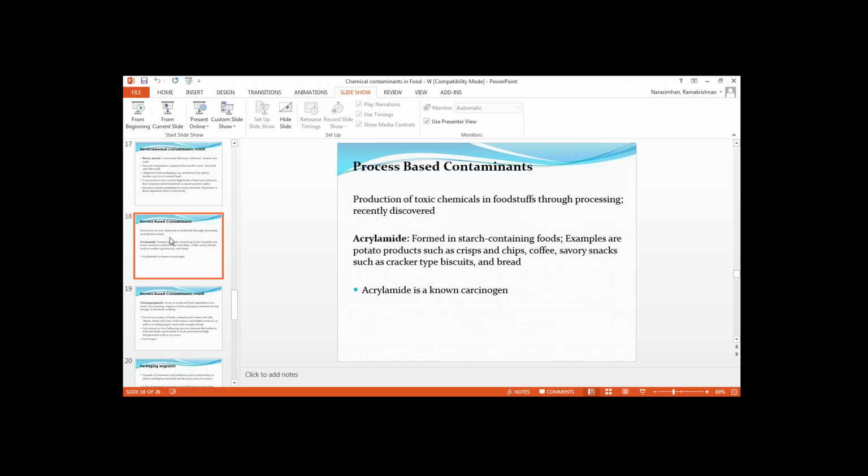Examples of foods that are at risk are potato products such as potato crisps, chips, coffee, savory snacks, particularly cracker-type biscuits, and bread and cereal products. These are some products where you may find high levels of acrylamide.